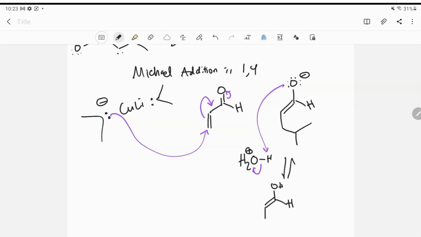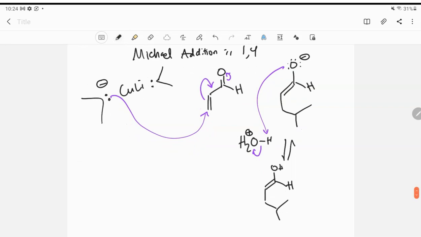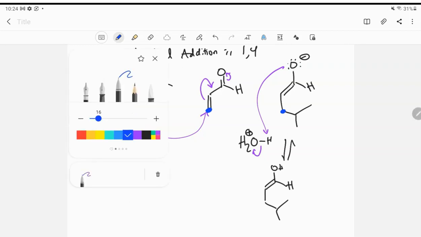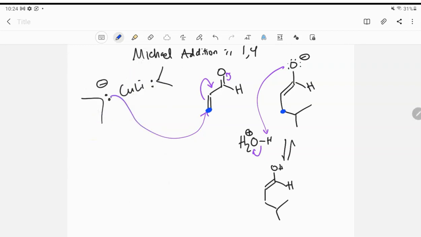So we have our isopropyl group there that's on that carbon. That's our blue carbon, we'll say. So we've added the isopropyl group onto that carbon. We've made our enolate. And notice our second atom was added onto the oxygen.